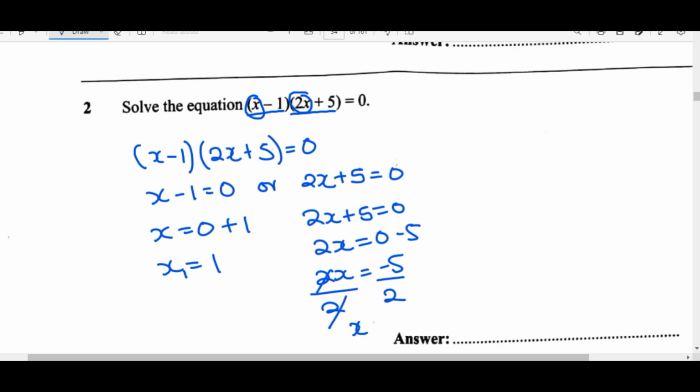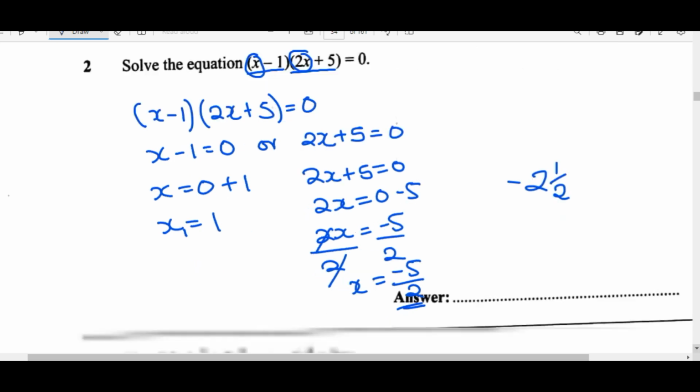So the answer here is x equals -5 over 2, that is -2 and 1 over 2. That is a negative there, or if you want you can just leave it as -5 over 2. It's okay.